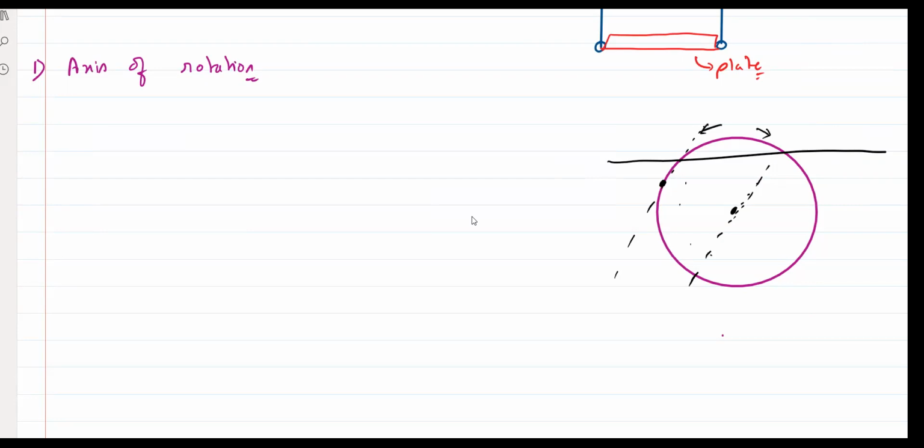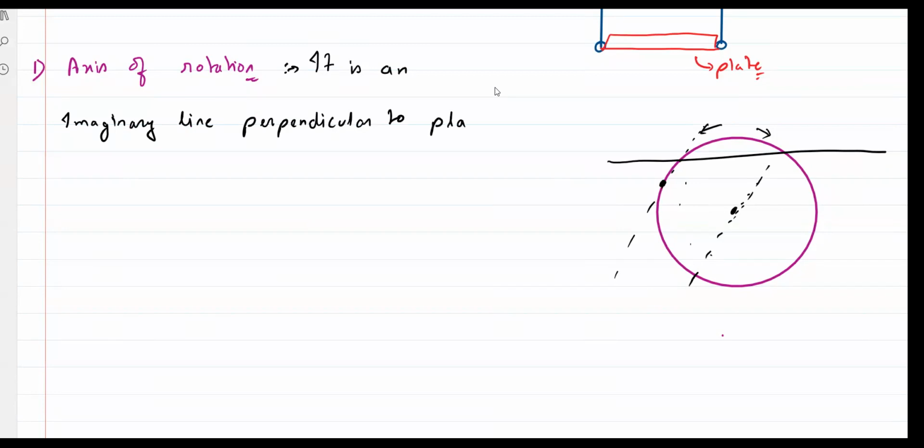So I'll just write the definition. First of all, it is a real line or imaginary line? Tell me, is it real or imaginary? We imagine it. It is an imaginary line. Yes or no? Line, right? Perpendicular to what? Tell me, perpendicular to what? Plane of circular paths.